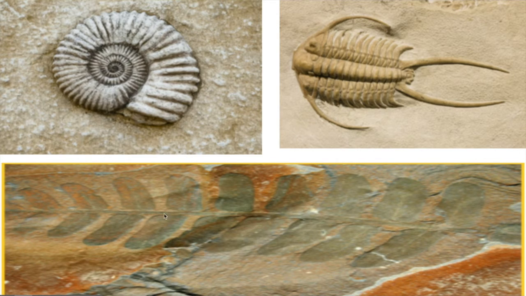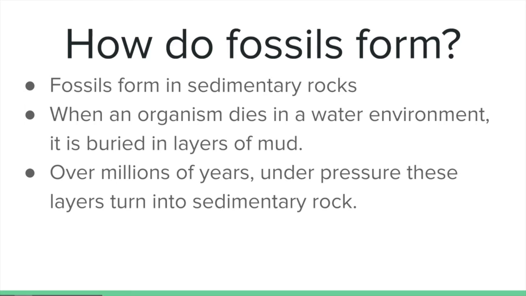And then at the bottom, we have a fossil of a plant, which seems to be a fern. It looks like it was pressed into this rock and left an outline of what this plant looked like. Now my question is, how do these fossil images get formed into the rocks? How does the fossil stay in the rocks, and how does it last so many years?